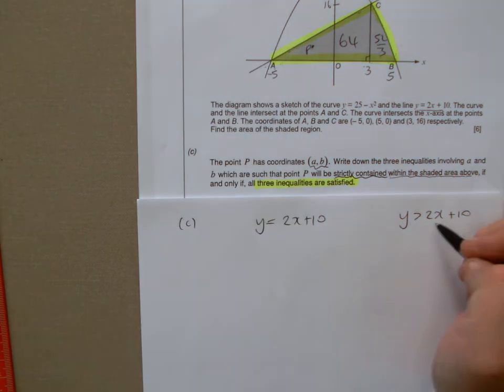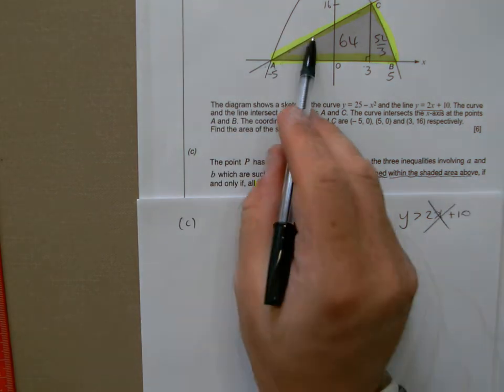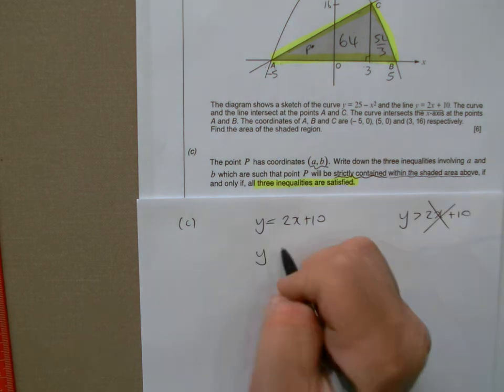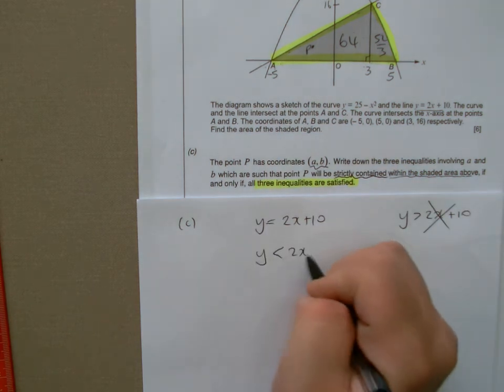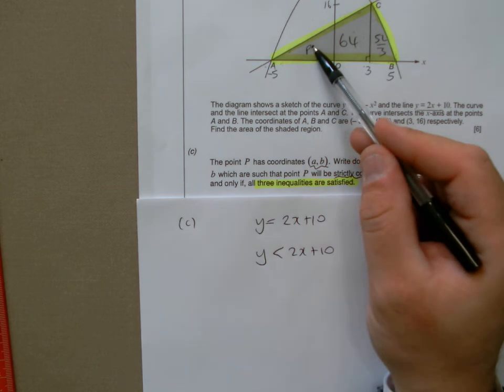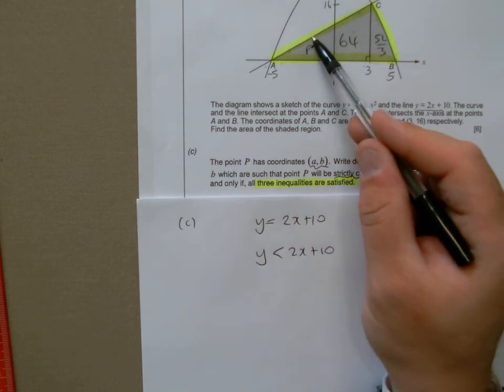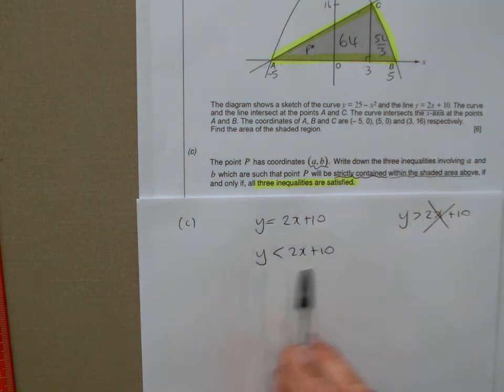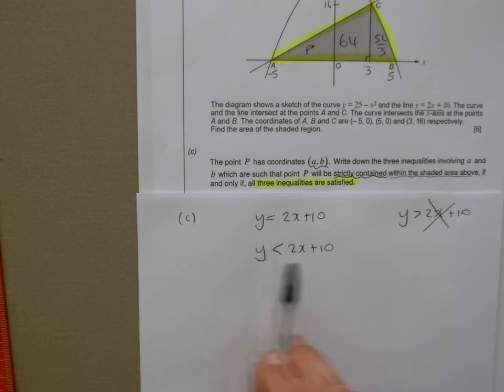We don't want that situation. We want it to be underneath the line. So actually we want y to be less than 2x plus 10. We want our value for y to be less than whatever 2x plus 10 is, which is above it. So that would work there. So for every value of P, satisfying this inequality will work.